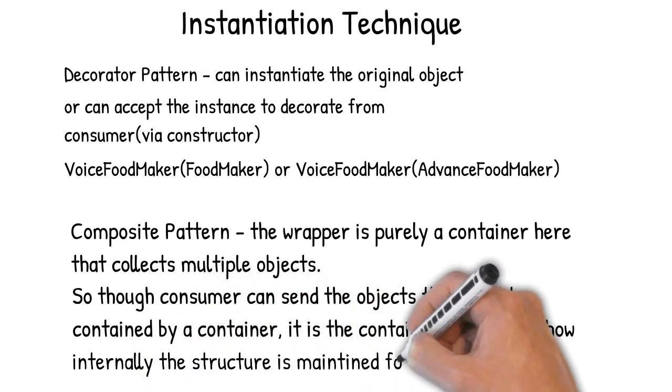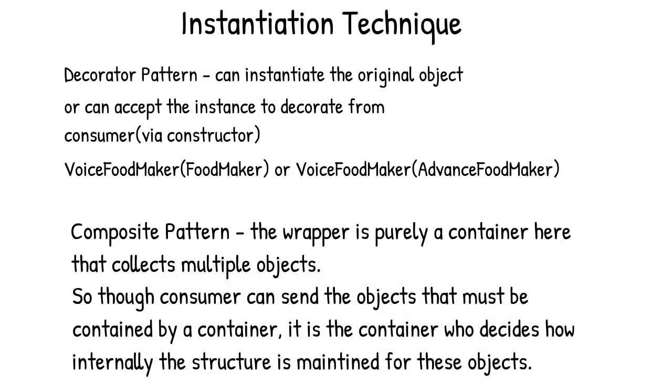Having said that, composite pattern totally controls the way these entities are internally organized. For example, a consumer can set files like videos, pictures, documents inside a container, that is a folder. But how these files are stored or structured internally is totally a decision of a folder.